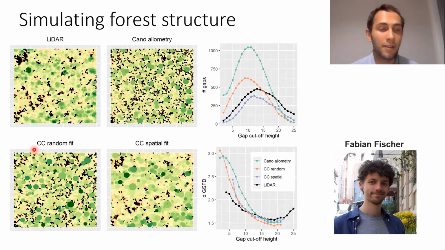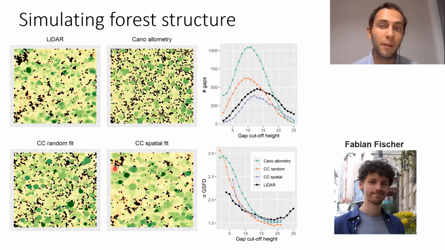And the random fits version just tries to find a model which represents the canopy height distribution as observed in the LiDAR data. So this doesn't have quite the same arrangement of crowns as here, although it has the same arrangement of stems, but the overall canopy height distribution is similar.